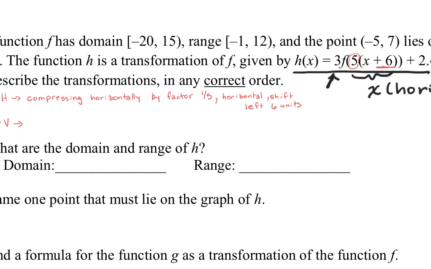So vertically, we have this here. Actually, I'm going to make that a different color. Vertically, we have this here and this here, correct? So this 3 is kind of like that 5. It's similar. But this time, it's actually stretching by a factor of 3, not the reciprocal.